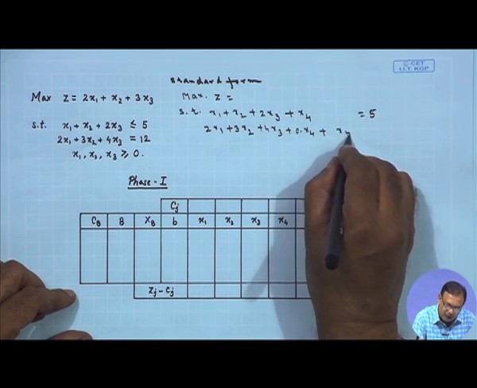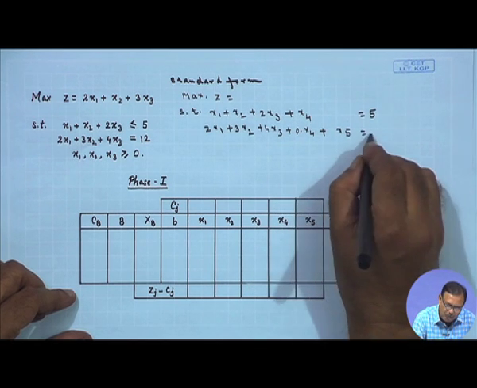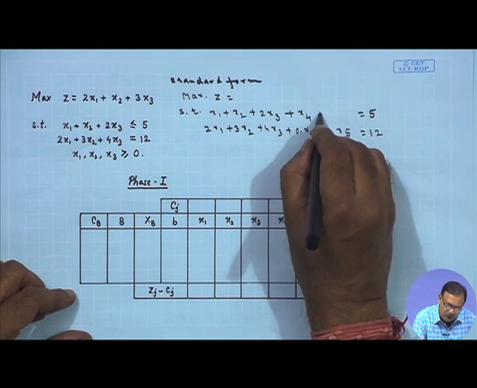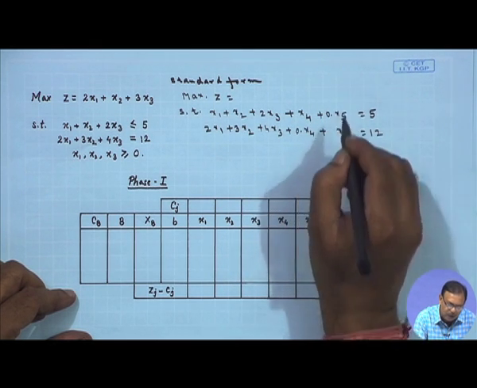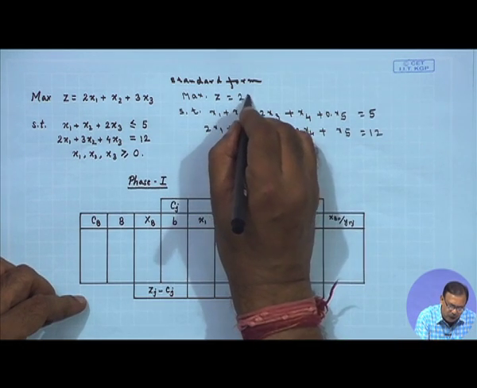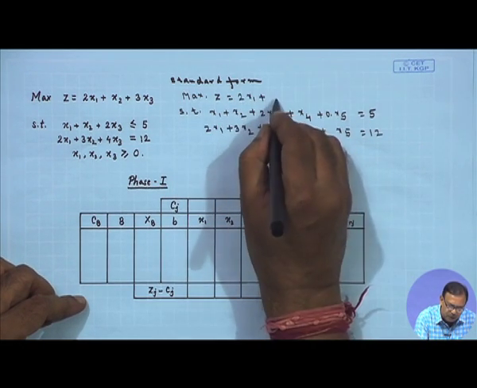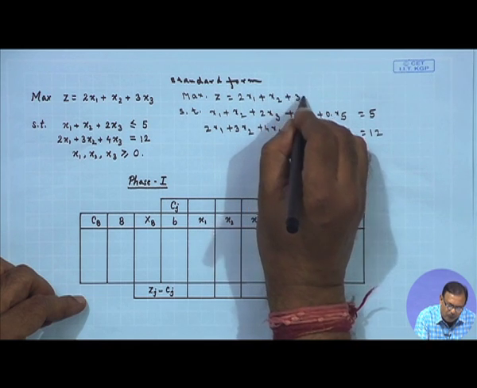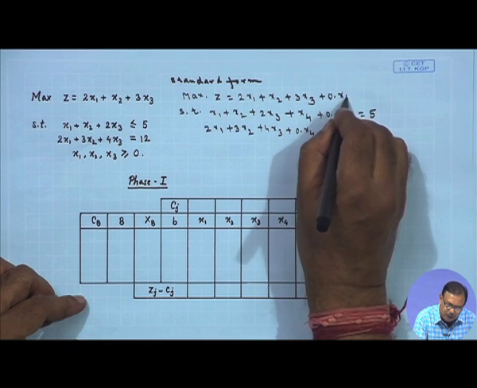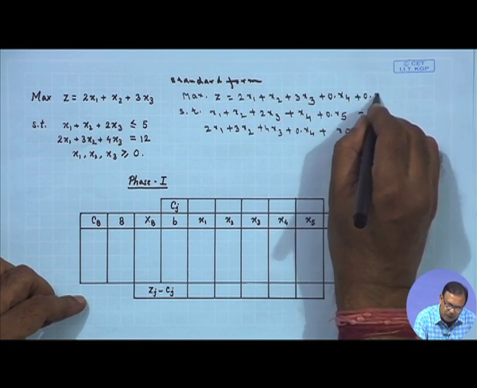So, plus x5, this equals 12, and here it is plus 0 into x5. So, you are writing your problem as 2x1 plus x2 plus 3x3 plus 0 into x4 plus 0 into x5.